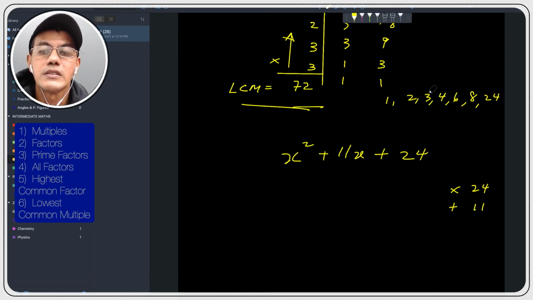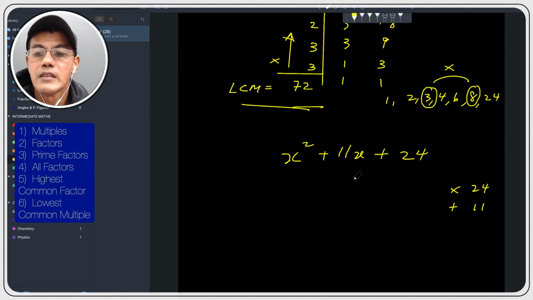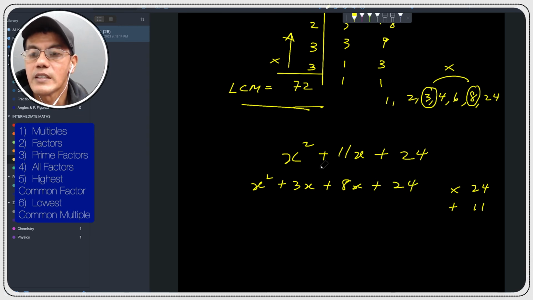The two numbers will be 3 and 8. 3 times 8 will be 24, and 3 plus 8 will be 11. Okay, and so this becomes x squared plus 3x plus 8x plus 24, and this will be easy to factorize.